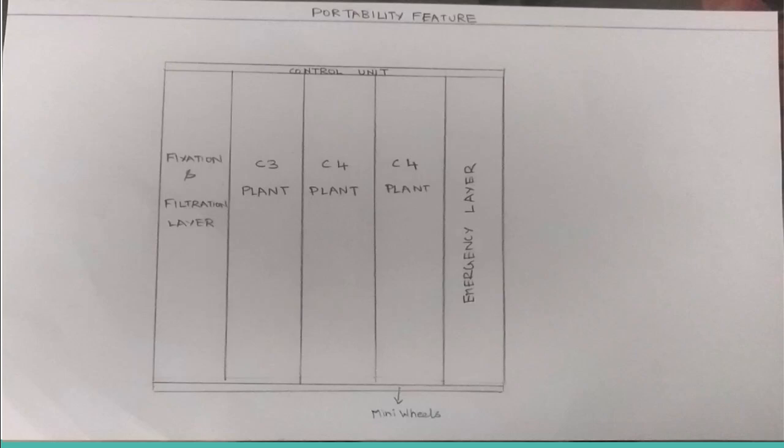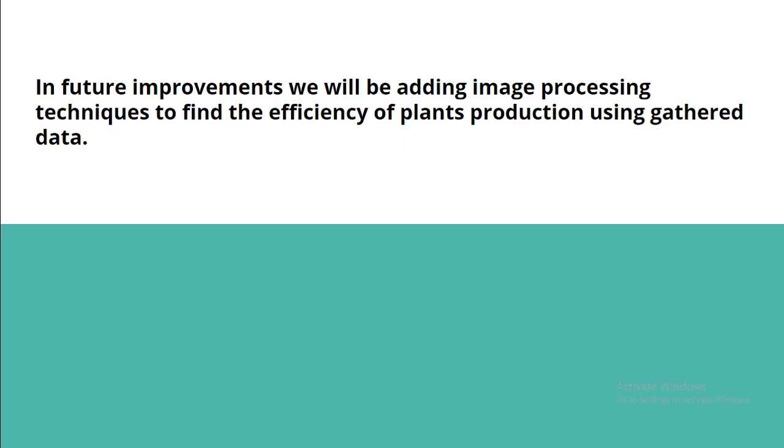Once the patient feels he doesn't need any more oxygen, the system can automatically start releasing the oxygen into the room or the place where the patient is present, so that the surrounding air gets enriched with O2. And in future improvement, we will be adding image processing techniques so that we can improve the photosynthesis process by scanning each and every plant leaf.